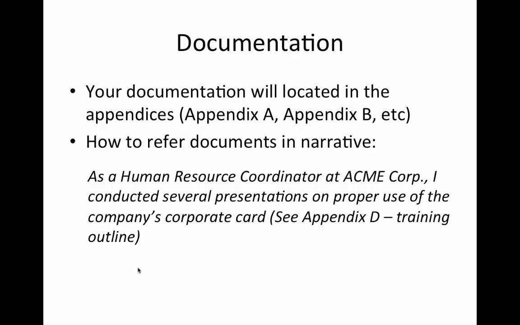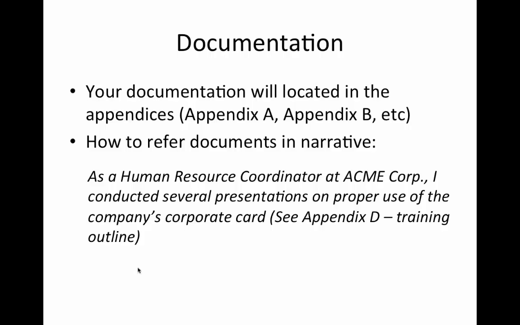Then every document has a full title page that's listed as Appendix A, then the document, Appendix B, then the document, Appendix C, and then the document. I know it seems odd that you have a full page that just says Appendix A and the title of the document, but it helps separate the different documents.